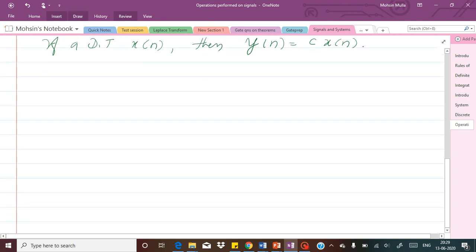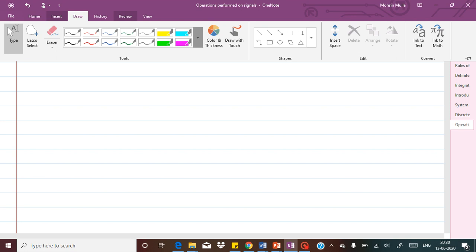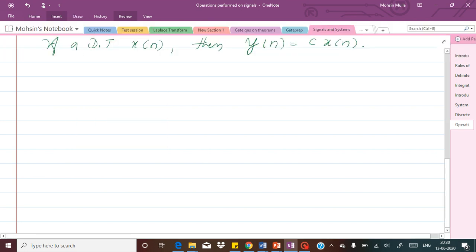Now the second operation here is addition of signals. In case of addition of signals, we need to have two signals.